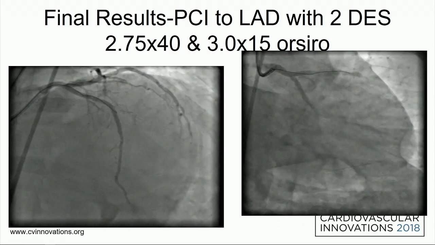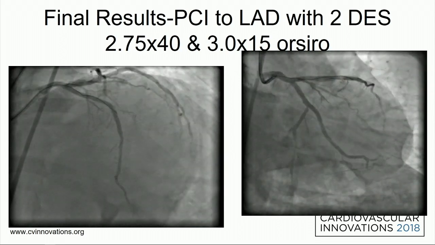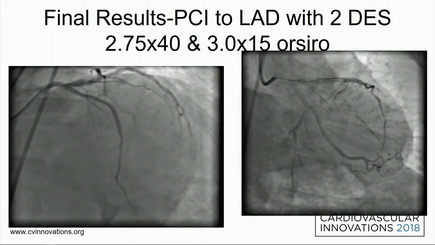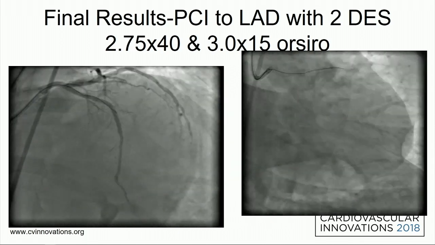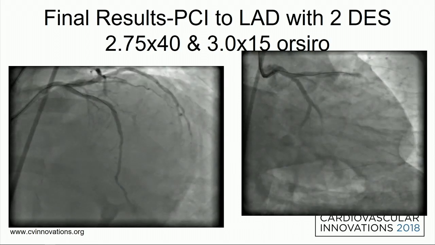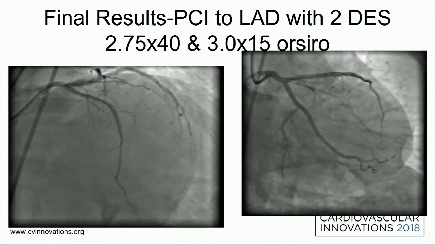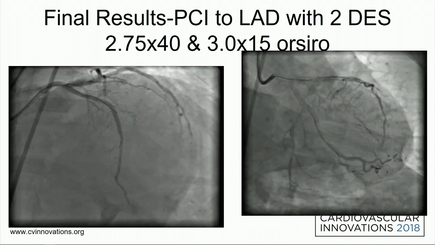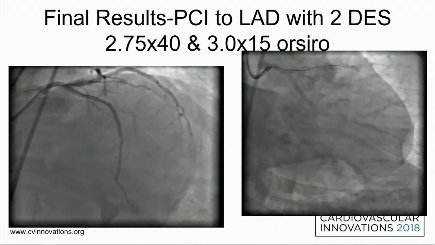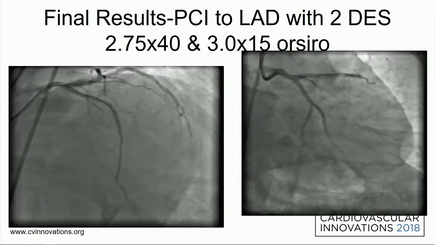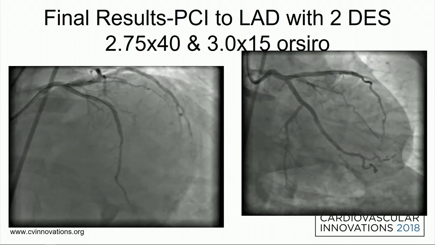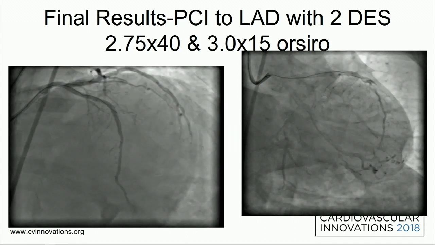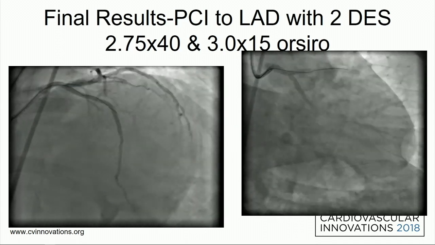Finally, we did PCI with 2 stents, 2.75 into 40 distally, overlapped with 3 into 15 from the ostium of the LAD. We didn't get into the left main because we got good results there. There's no plaque shift. The only issue was some amount of dissection in the diagonal, probably wire induced, and already seen earlier. So we left it at that stage because we didn't want to do a bifurcation in a CTO.